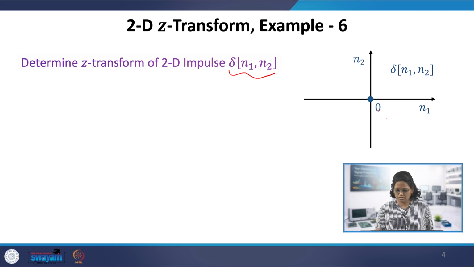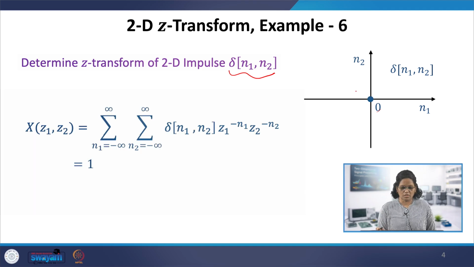And for this sequence, what is the Z transform? For the unit impulse in 1D, we have that the ROC spreads over all the Z values. It is equal to 1 in the Z plane; it covers the whole Z plane in the case of 1D.